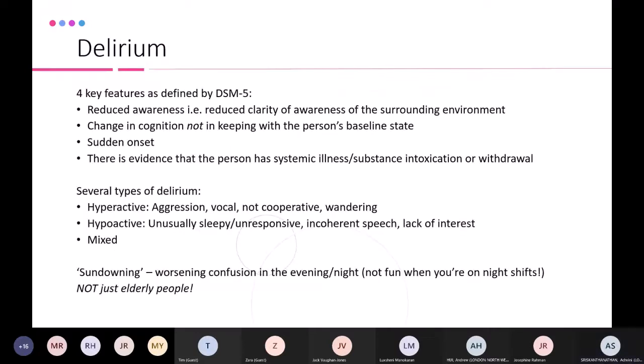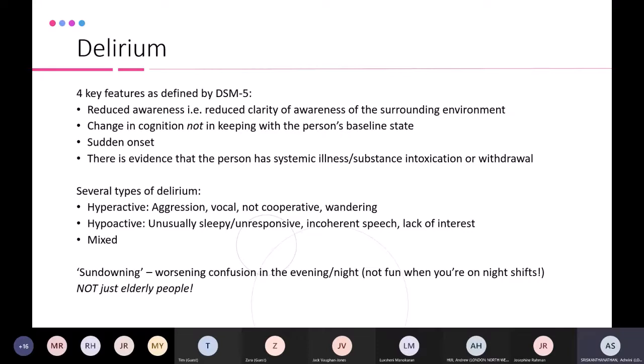Okay. And just a little bit about delirium, because this patient clearly has delirium. It's a reversible cause of a change in your cognitive state. So the 4 key defining features are reduced awareness, change in their cognition, and not keeping with their own baseline.